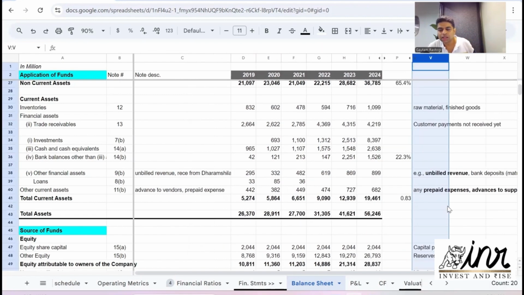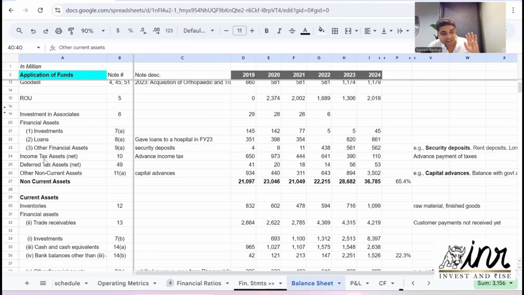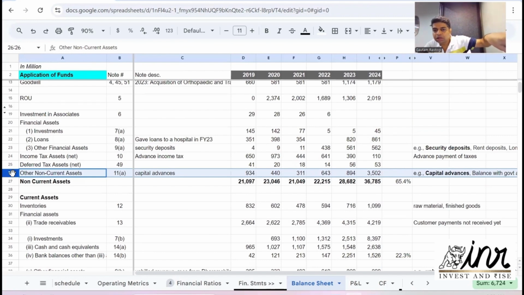Then there is something called other current assets: advance to suppliers or prepaid expense. You give your supplier a short-term advance. The advance that we saw in non-current assets was the advance you give to construct a building, which is going to give you benefit for the next 10, 15, 20, 50 years, the long term.